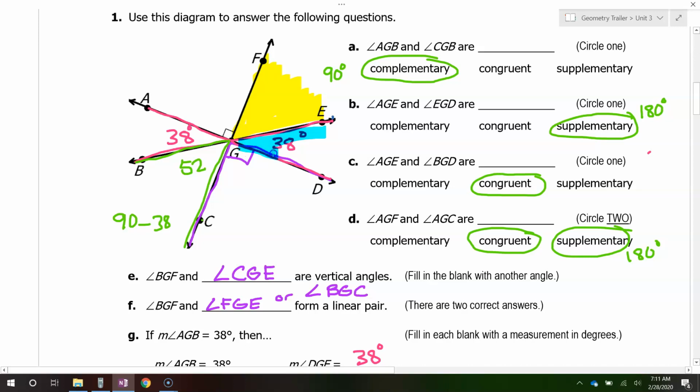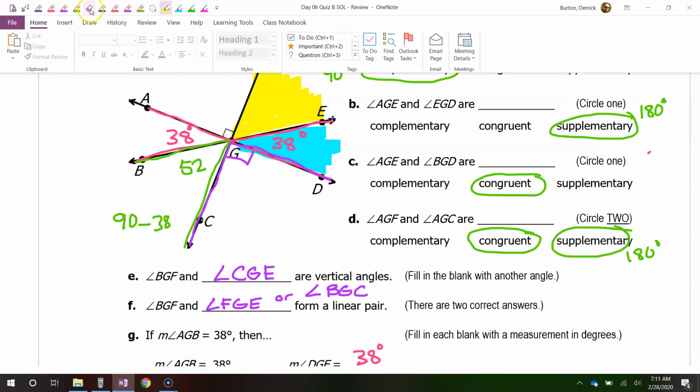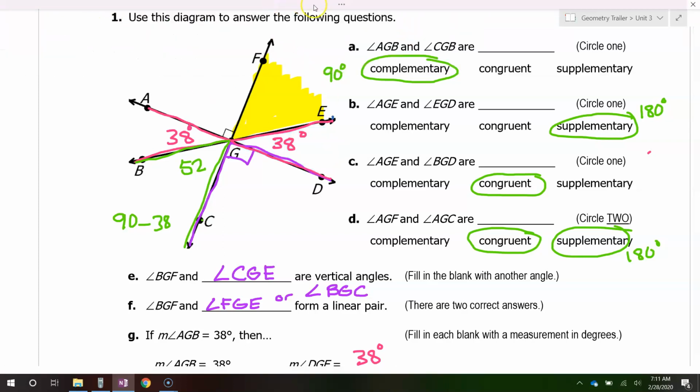All right, the yellow angle and the blue angle have to add up to 90 degrees. You can see the angle next door is 90 degrees. That means this angle over here has to also be 90 degrees. Or you know what? Okay, it will be more direct if I use vertical angles. So see this yellow? Yeah, forget about the complementary. Let's just go vertical angles.